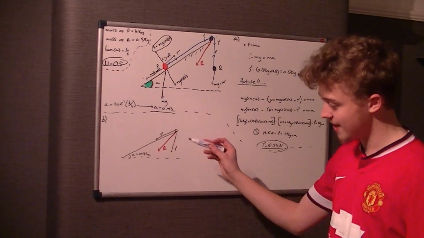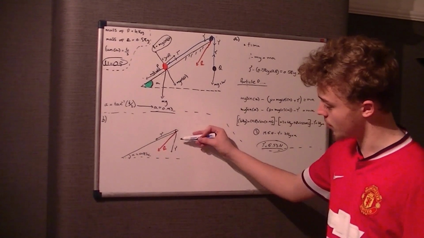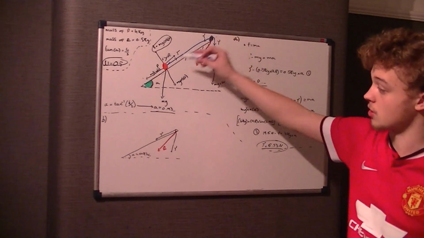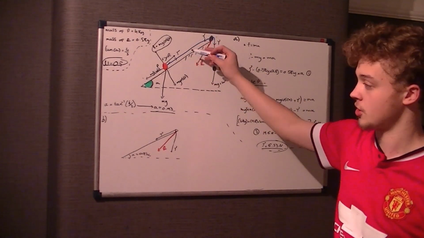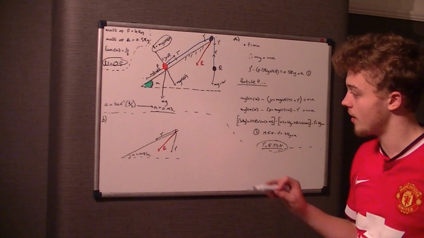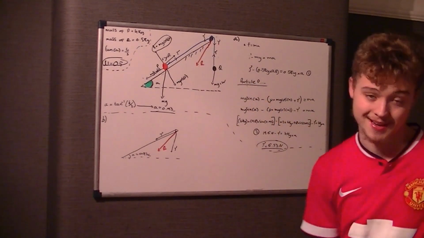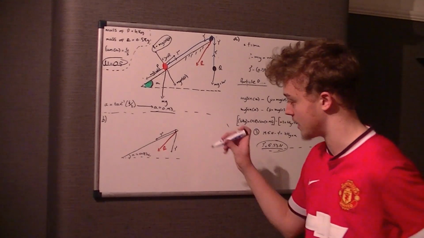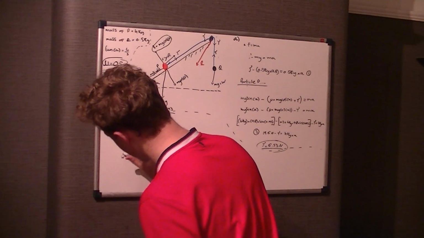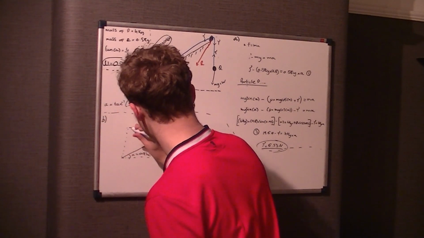So in essence, we've got two vertical components: the vertical component of where Q is, and the vertical component of the tension that is attached to P. But we've also got the horizontal component of this tension that is on the side of P. Hopefully that makes sense. So that information should have enabled you to draw another triangle on the right hand side.